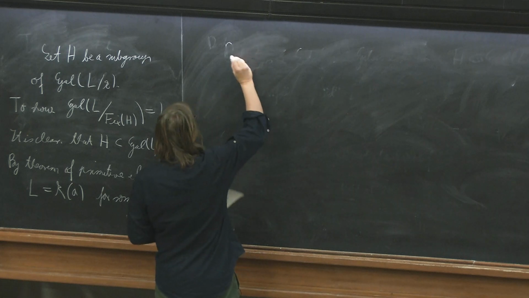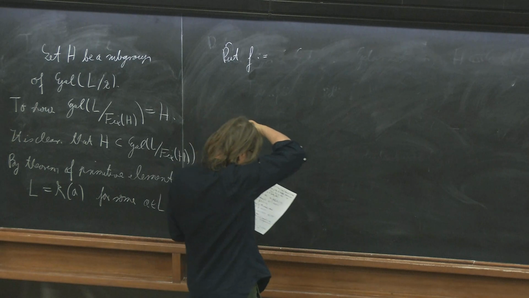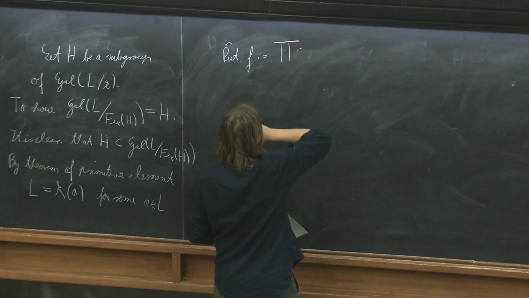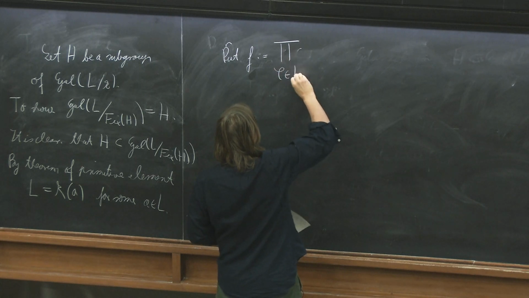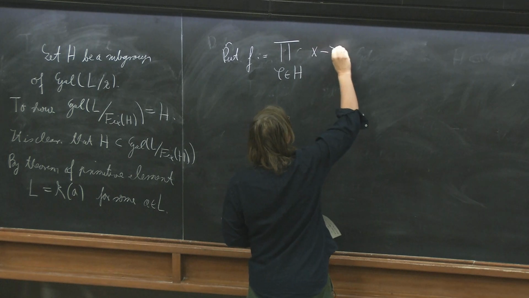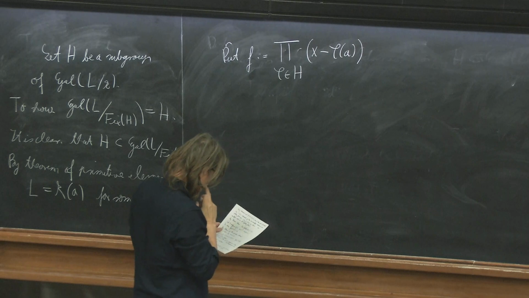So we put F to be the following polynomial. This is the product over all elements phi in H of x minus phi of A, for this primitive element.